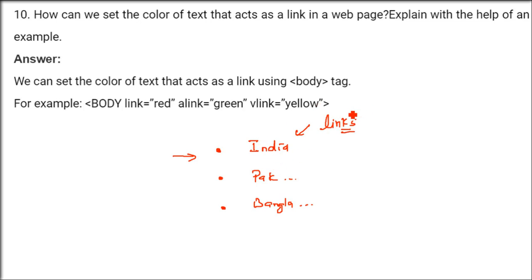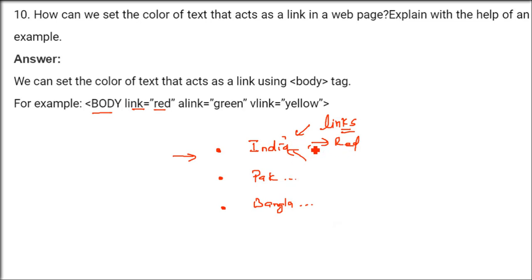That is, if you click it, it will take you somewhere to another page, or the same page, another place. So India, Pakistan, Bangladesh. By default, what is seen will be red. How do I know? Because there is an example. You want to put it red. So just say link equals red. Link equals red. You don't want to change anything now, red.